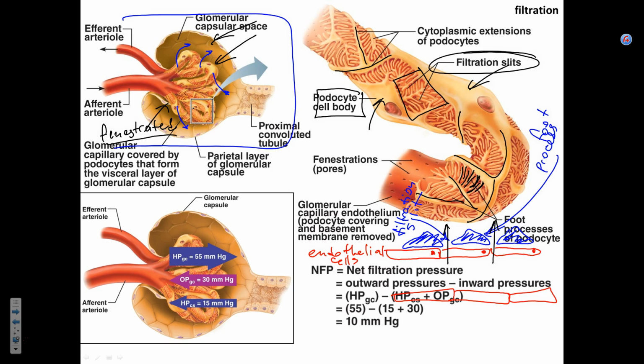So proteins and cells will remain in the blood. Normally, in physiologically ideal conditions, the filtrate here will contain water, salts, and small organic molecules.